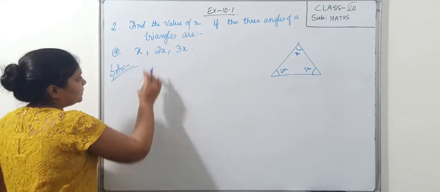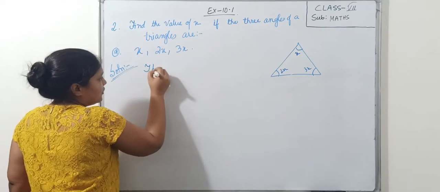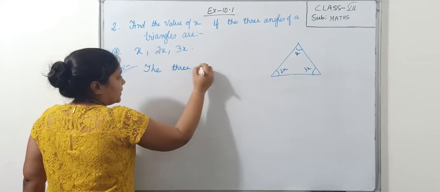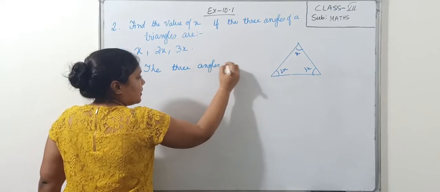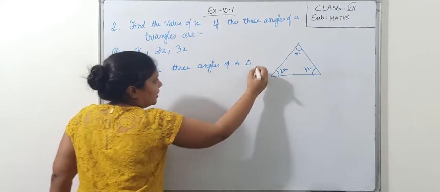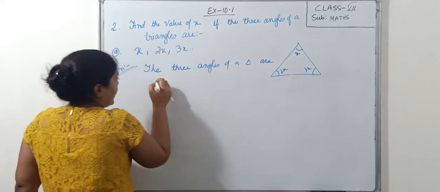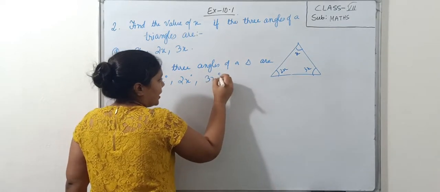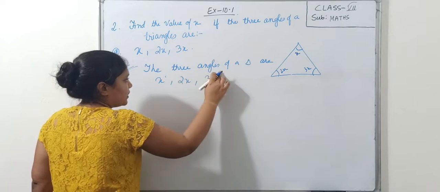What I will do? The three angles, I have to write the statement now here. The three angles of a triangle are x degree, twice x and thrice x. Right? If you don't write degree also it's okay.